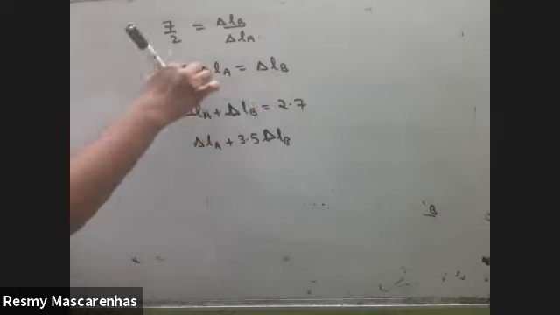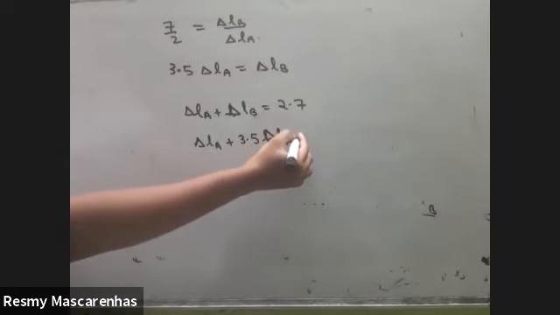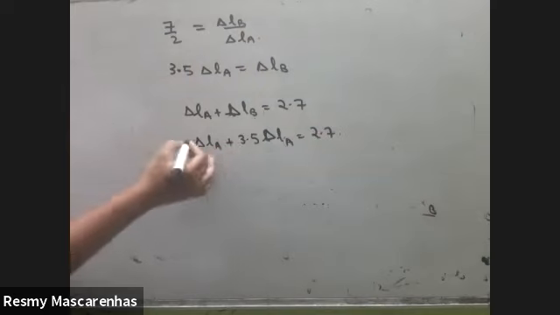What is delta L_B value? 3.5 times delta L_A.